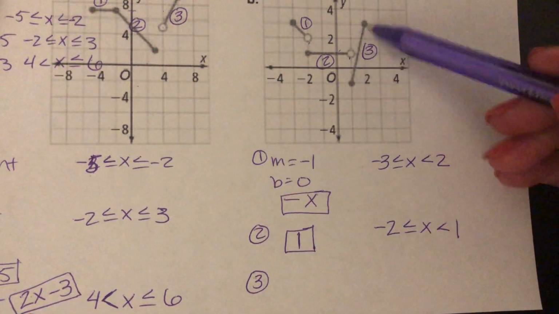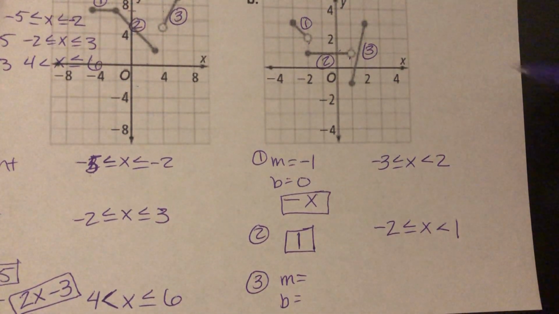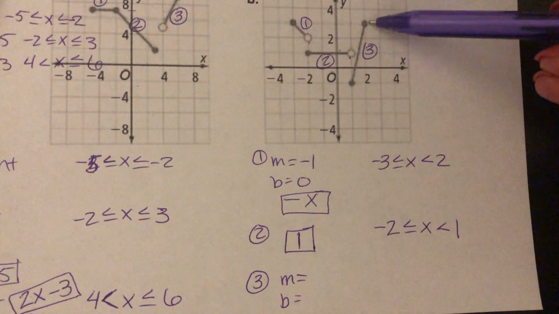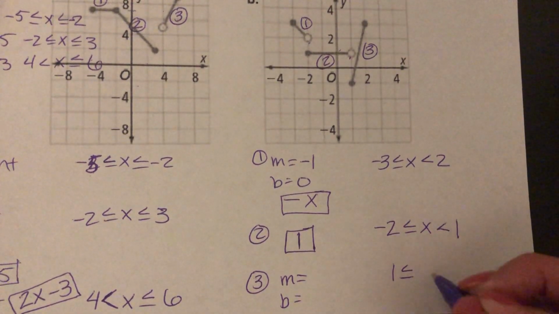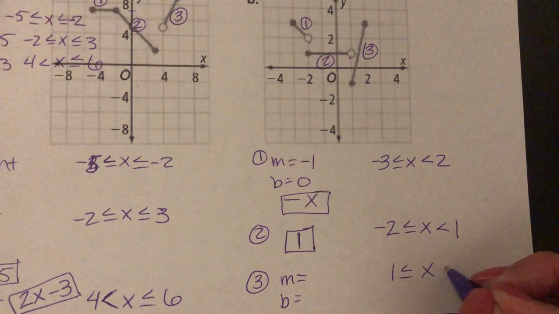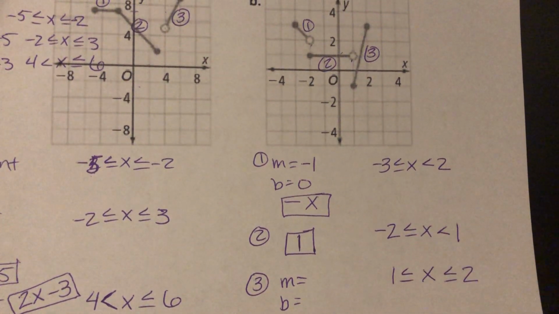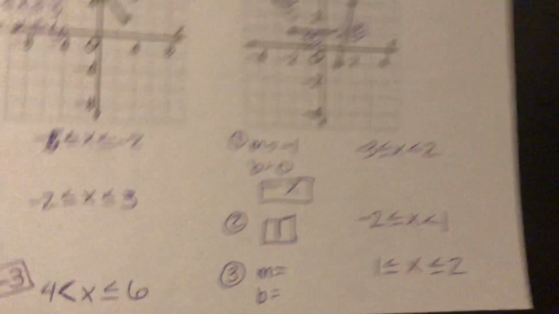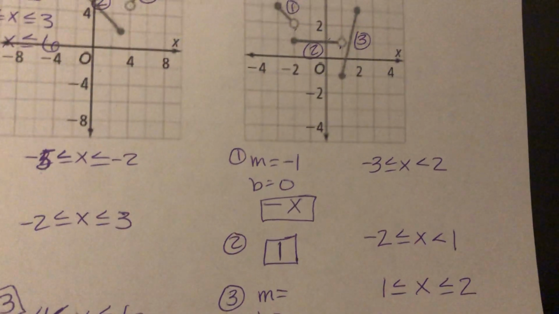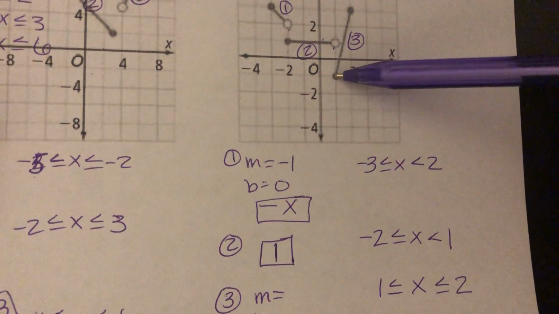Again, it's linear, so I'm looking for slope and y-intercept. My domain is from 1 to 2 there, both closed. Sorry about that. The slope, let's check the slope here.